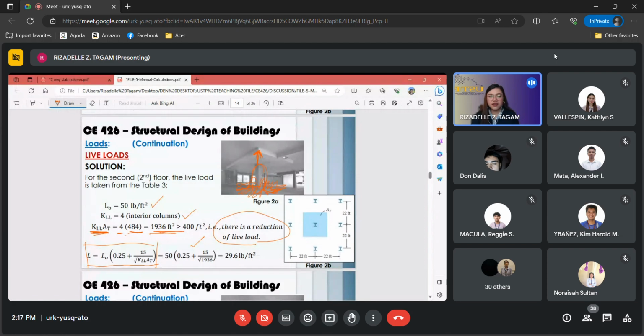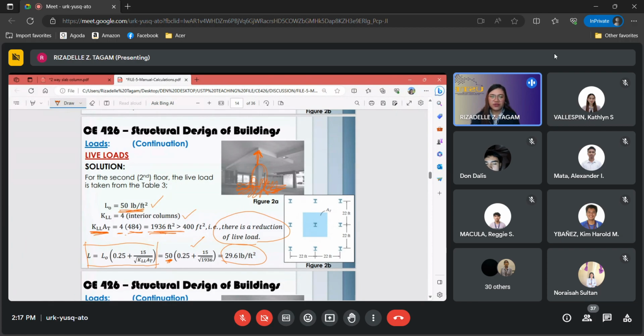Substituting, 50 is L_O, and 0.25 plus 15 over the square root of 1,936. The new live load is 29.6 pounds per square foot.